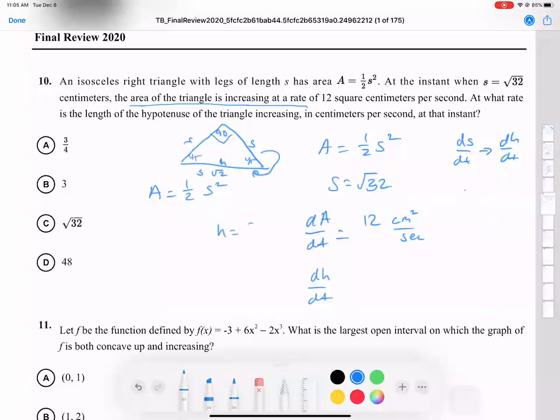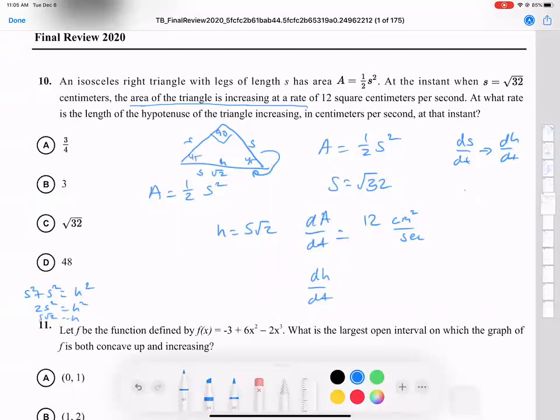H is equal to s square root of 2, and if you do Pythagorean theorem, it's s squared plus s squared equals h squared, right? And then 2s squared equals h squared, take the square root of both sides, h is equal to s square root of 2.